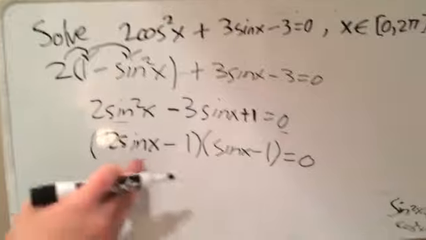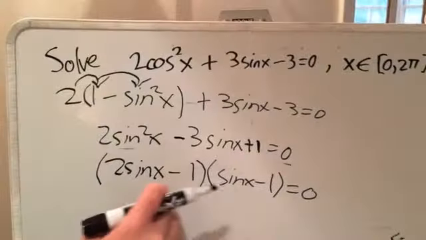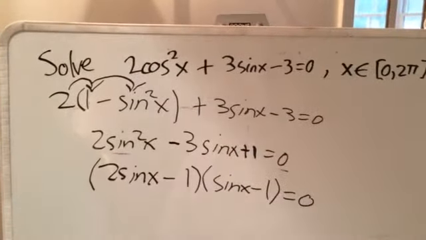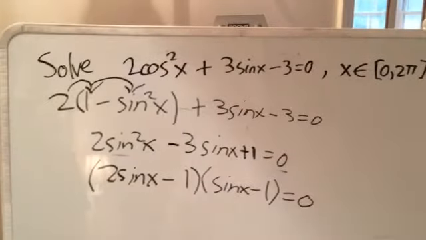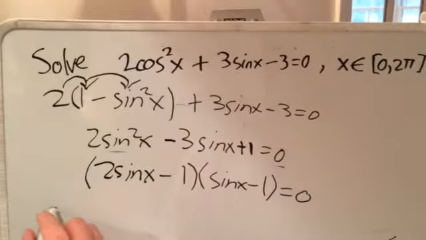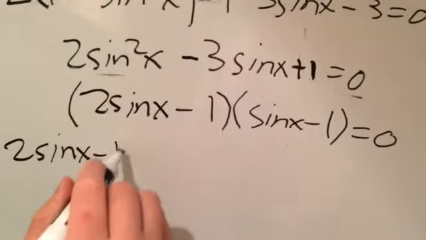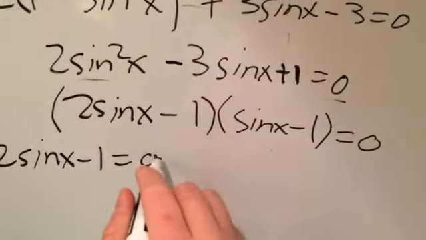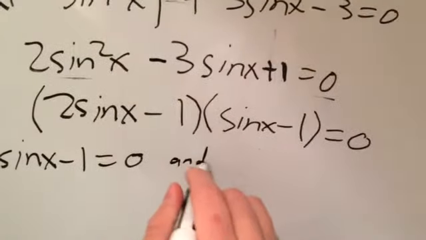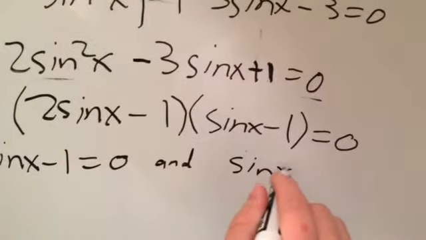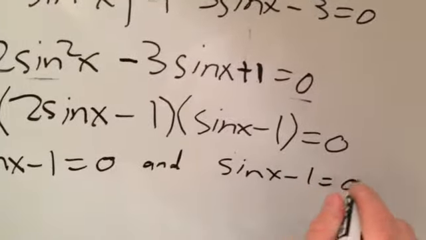So now we essentially can turn these into two different equations to get all the possible answers for what x equals. So 2 sine x minus 1 equals 0, and sine x minus 1 equals 0.